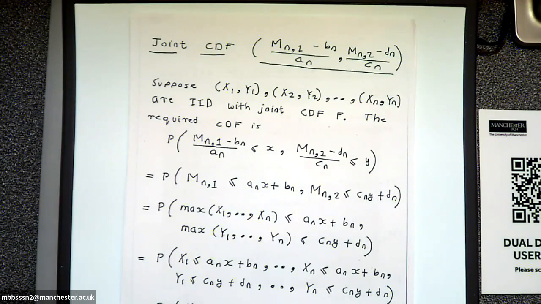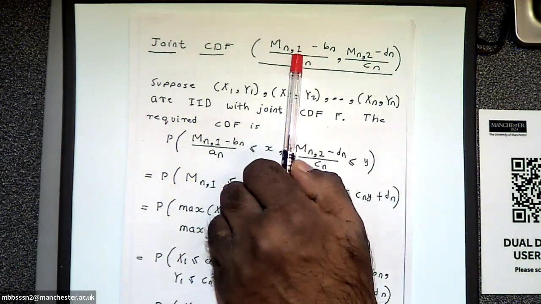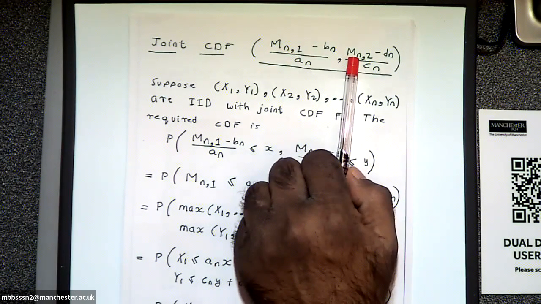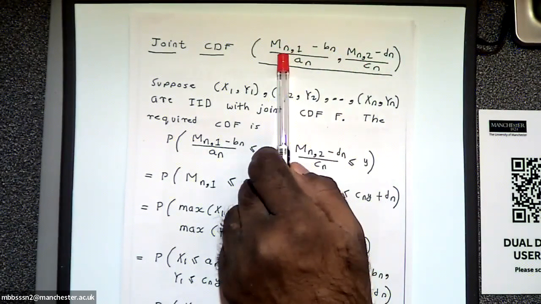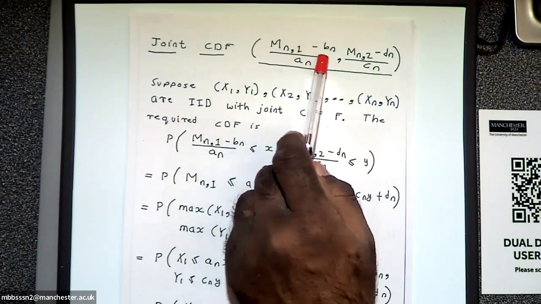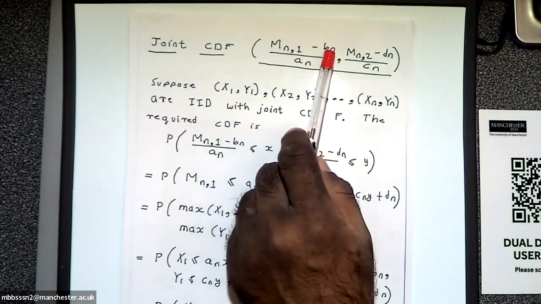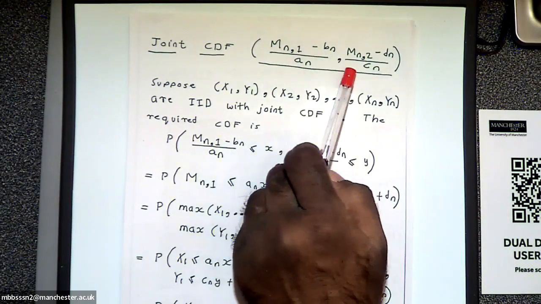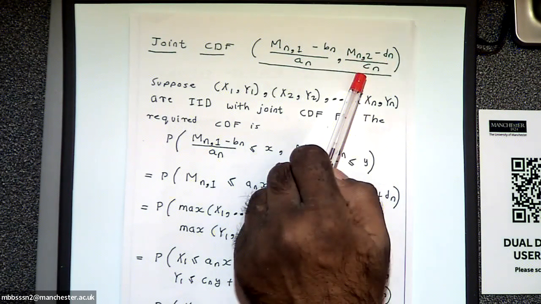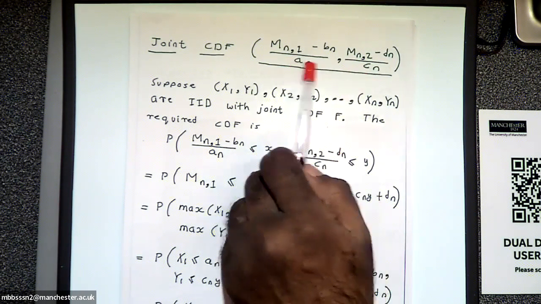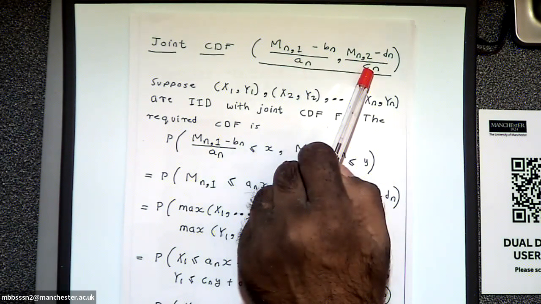So that's what I'm going to do here. Instead of looking at the limit of Mn1 comma Mn2, we're going to look at the scaled version of both. So I'm going to scale Mn1 by subtracting bn and dividing by an, and scale Mn2 by subtracting bn and dividing by cn. All right, so this is a scaled version, right?